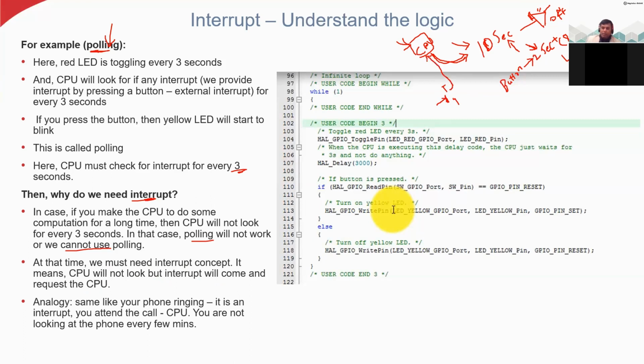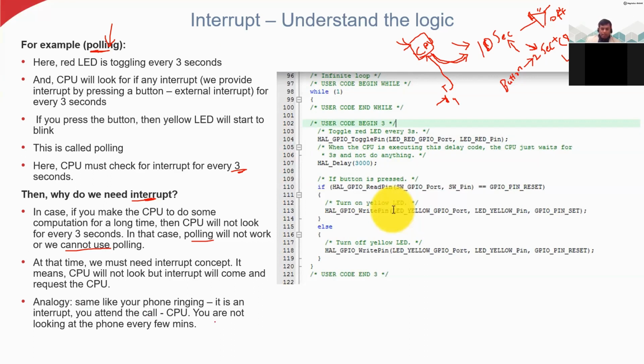Then the CPU will process this interrupt. It will turn on the LED and then go back to its operation. So here the CPU is not coming and looking for the interrupt signal. The interrupt signal is going and telling the CPU, I need this, I need that. Then the CPU is processing this interrupt.